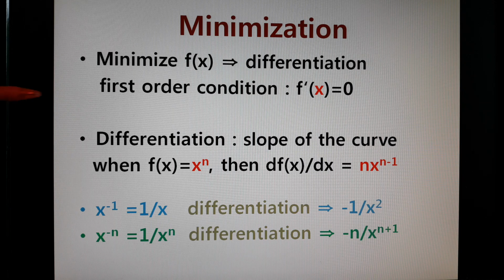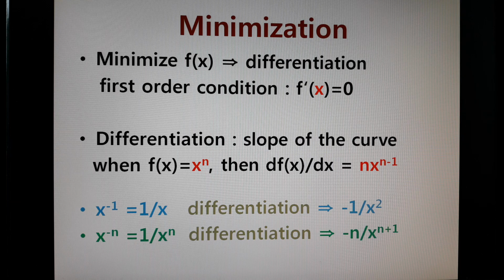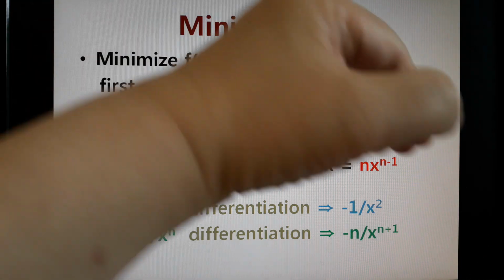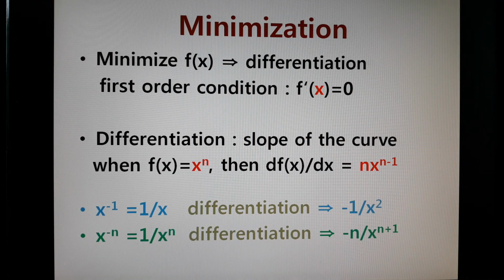Why do we need differentiation? We are minimizing the cost, whether it's a social cost or individual cost. And differentiation is a very useful tool, actually the most useful tool, for doing maximization or minimization. Why? Differentiation is basically measuring the slope of the curve. When the curve hits the top, at the top of the mountain, the curve's slope would be 0.